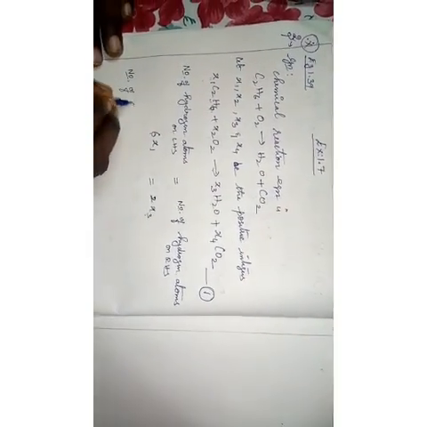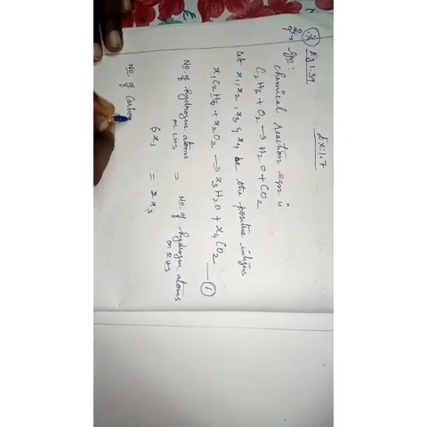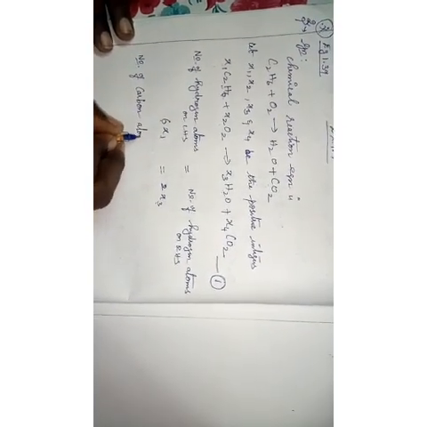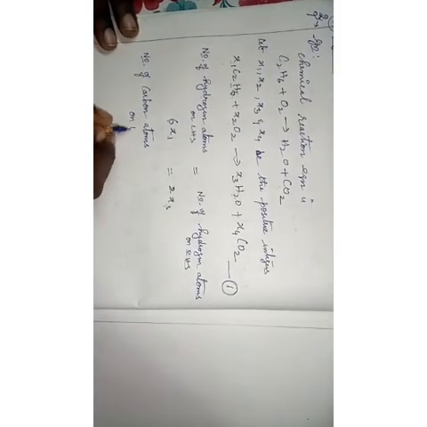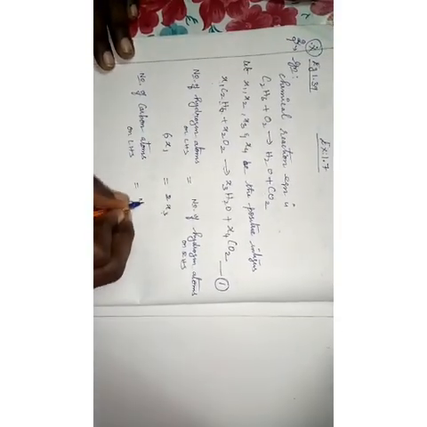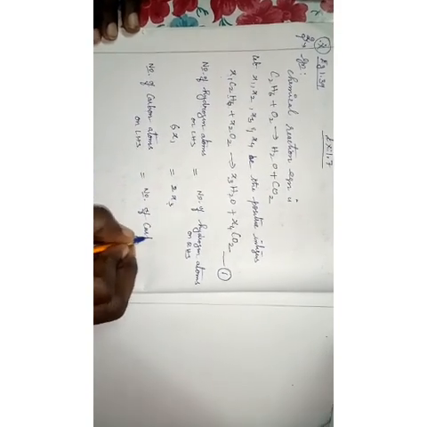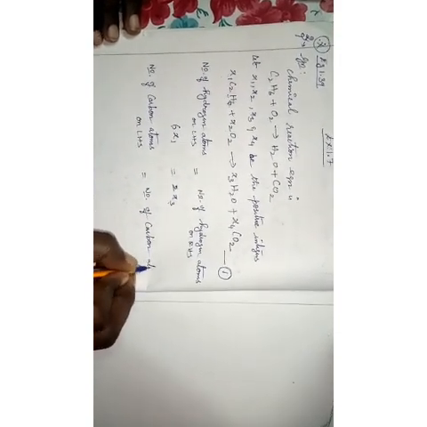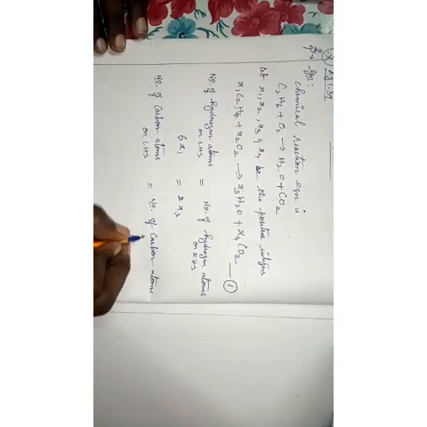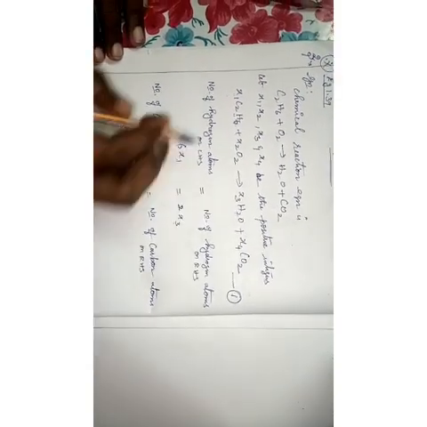You can take carbon first also, your wish. The number of carbon atoms on the LHS equals the number of carbon atoms on the RHS. Now come to the RHS.